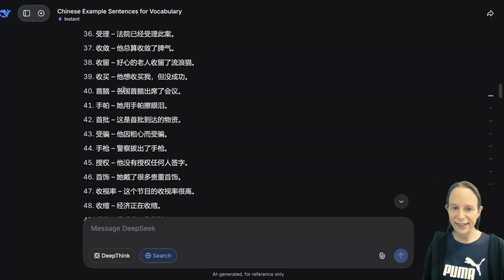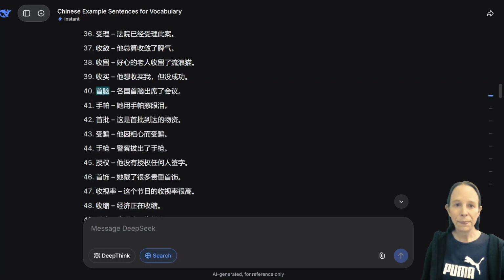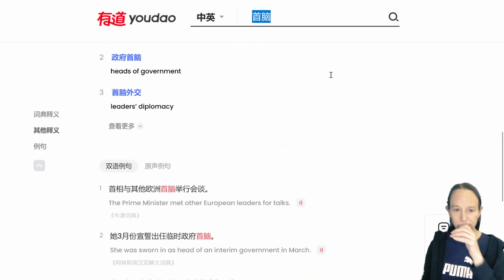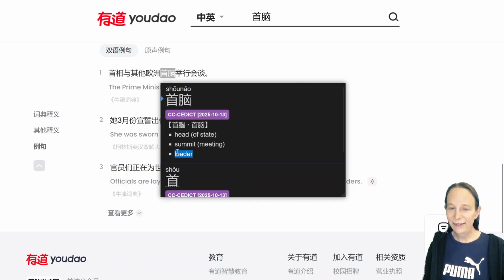So the top thinkers in every country attended the meeting. 首脑, head of state, leader, summit. Oh, so it's not necessarily a thinker. It is just head of state. It shouldn't be interpreted too literally. Is it leader? It is leader, isn't it?